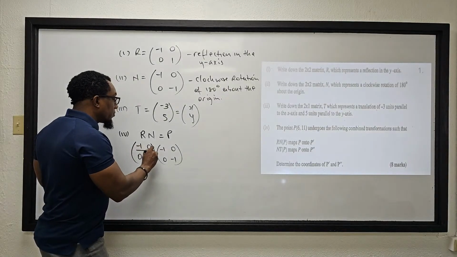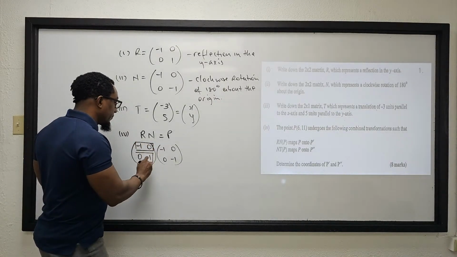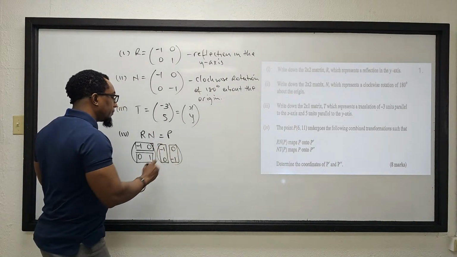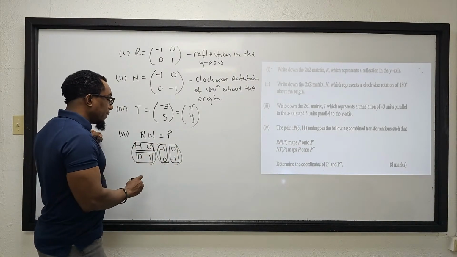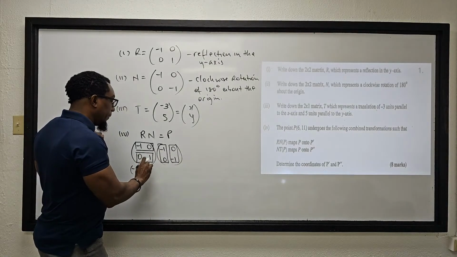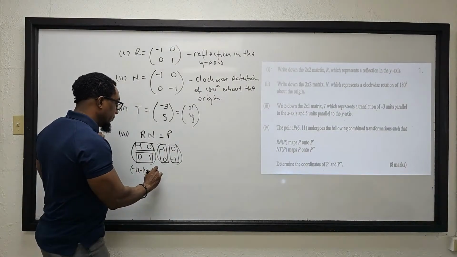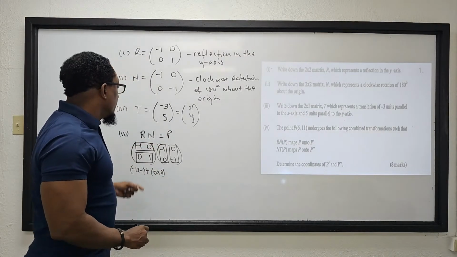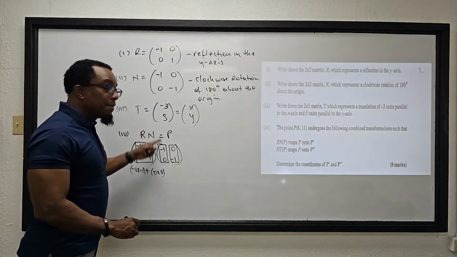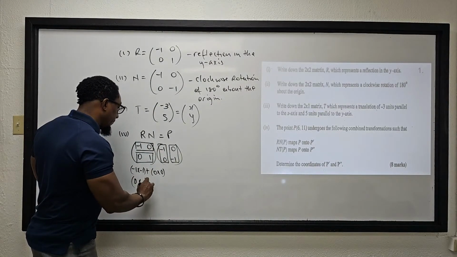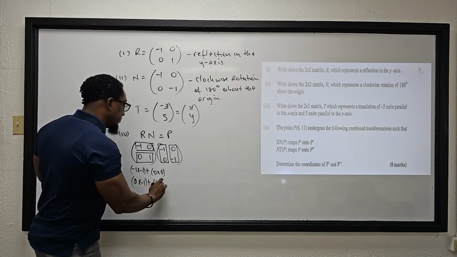And how do we multiply 2 matrices? Of course, we will take the rows of the first times the columns of the second. So we're going to multiply rows by columns. This will be negative 1 by negative 1 plus 0 by 0. That's my first row, first column dealt with. Let's take my second row by my first column, 0 by negative 1 plus 1 by 0.